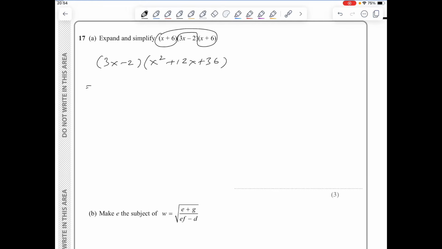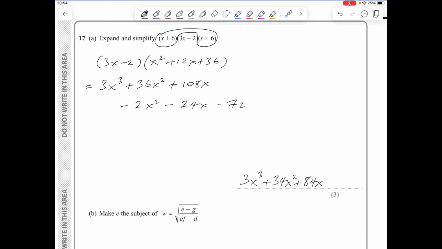Now let's expand: 3x cubed plus 36x squared plus 108x minus 2x squared minus 24x minus 72. And let's simplify: 3x cubed plus 34x squared plus 84x minus 72.